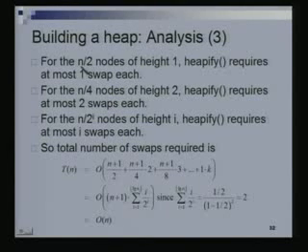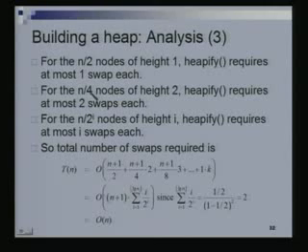So if the number of nodes was of the kind 2 to the k minus 1, then there are roughly n by 2 nodes of height 1. And for each of these nodes, we require only one swap, because the subtree rooted at these nodes has height 1, so we require only n by 2 swaps.